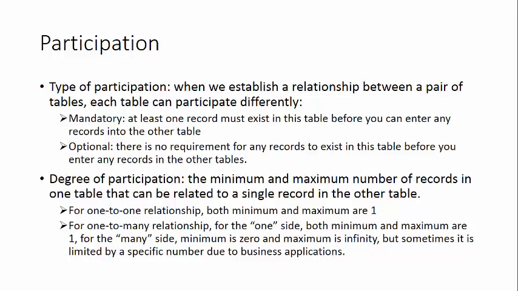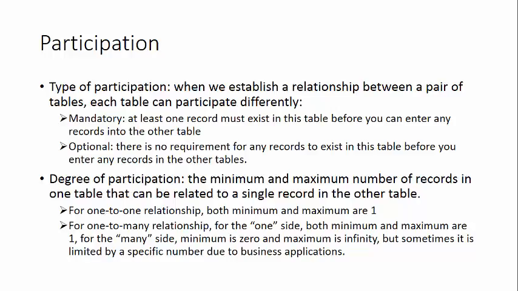I can give you an example of mandatory. For example, there's one table called employee and one table called department. We can assign an employee to a particular department only if the department table has that department number. Then the department has a mandatory participation.